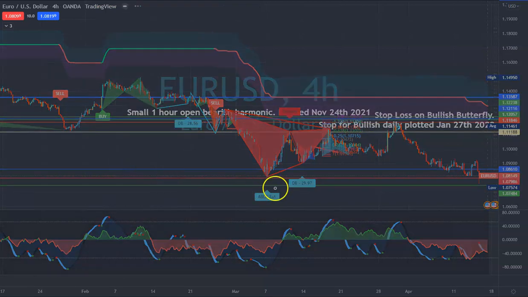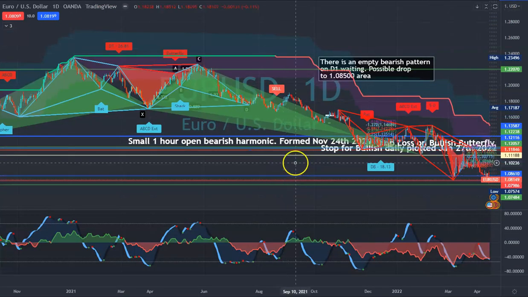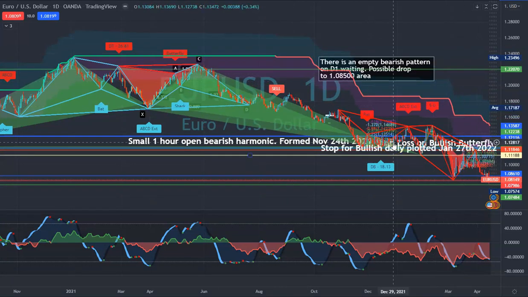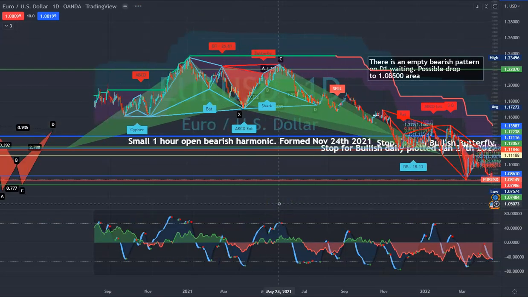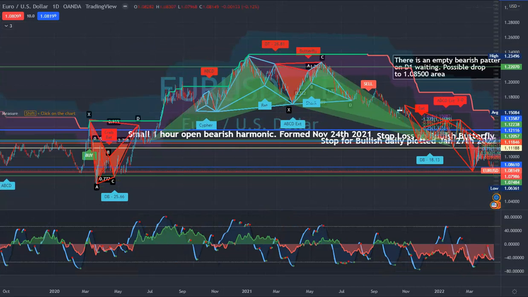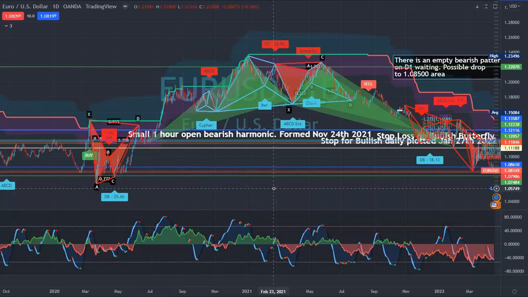Let's see if anything new formed. Oh my God, I forgot about this monster. We're going to 1.22070, man. It's going to be a nice long trip to the top, 1,400 something pips.